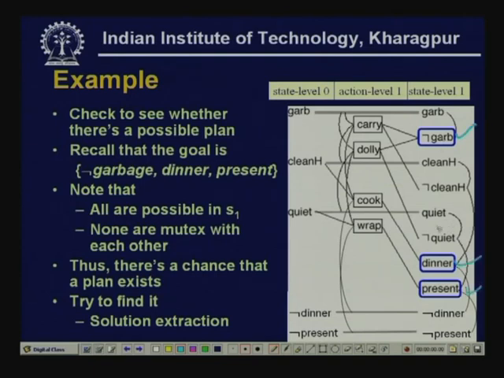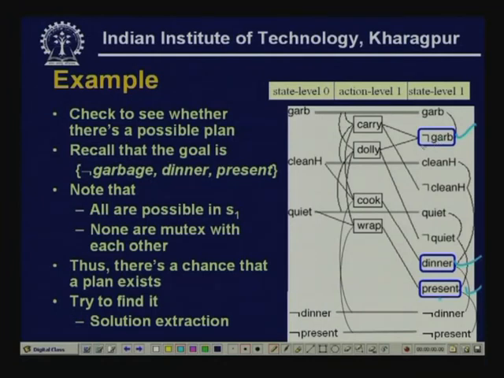We see all these 3 propositions are present in the goal, and we want to see if a plan exists. Now, not garbage, dinner, present, all are present in state level 1, they are not mutex with each other. So, this satisfies a necessary condition that a plan can exist.